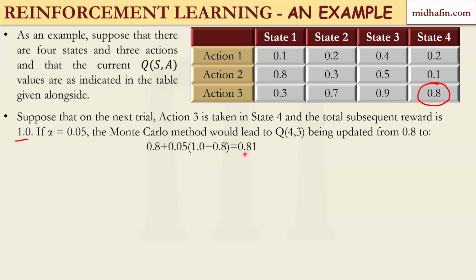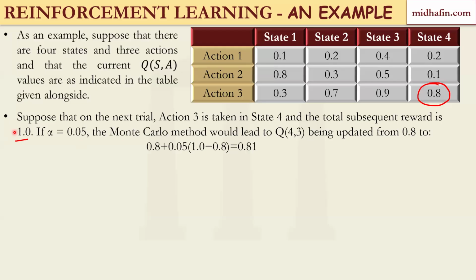0.81. So you can think of it like this: you thought that if you took action 3 in state 4, you would probably get a total subsequent reward of 0.95. Okay, no, in fact, I should refine my explanation a little.